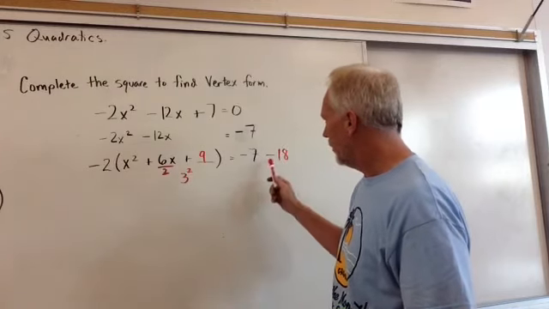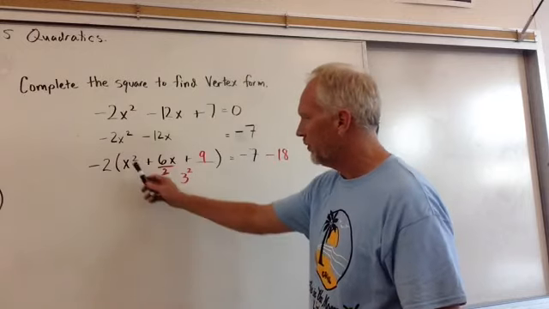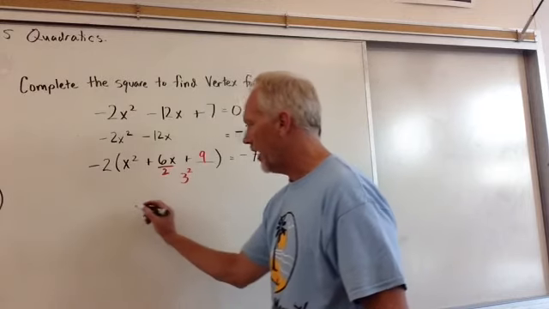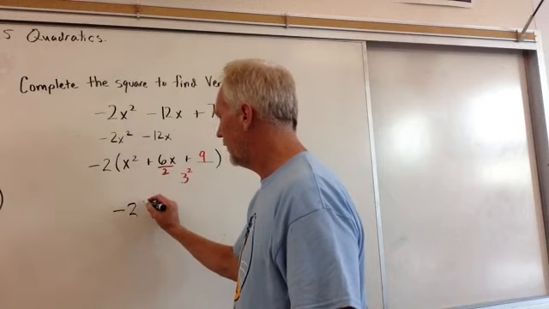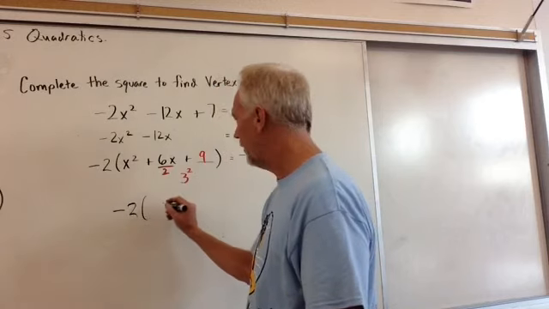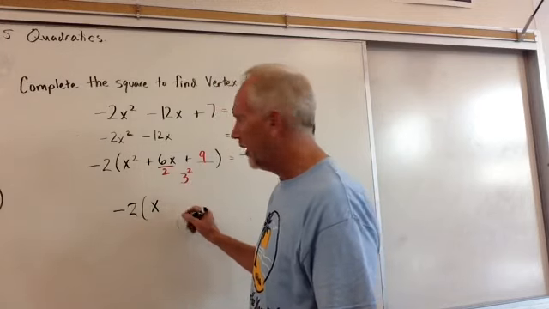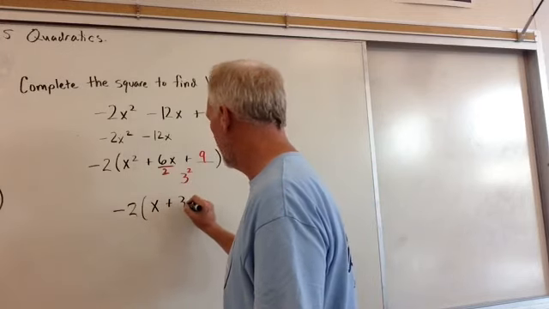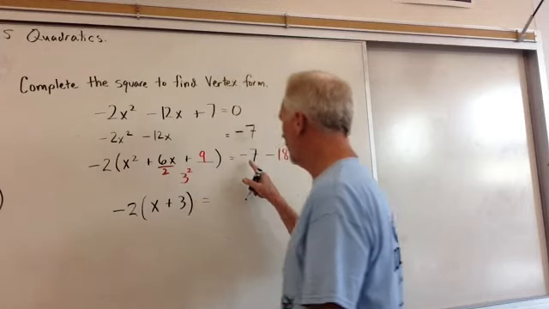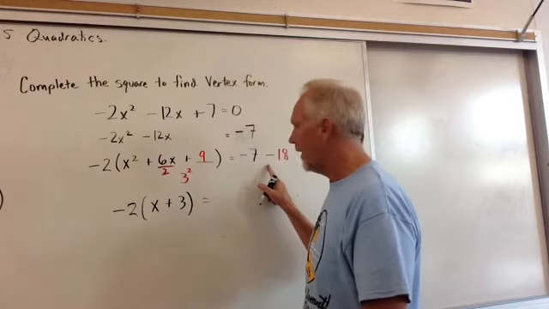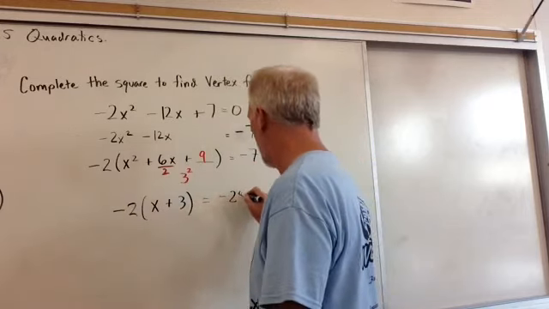So now we have this. What we can do now is simplify. This can be simplified to negative 2 times the quantity of x plus 3 squared is equal to, well, negative 7 and negative 18 make negative 25.